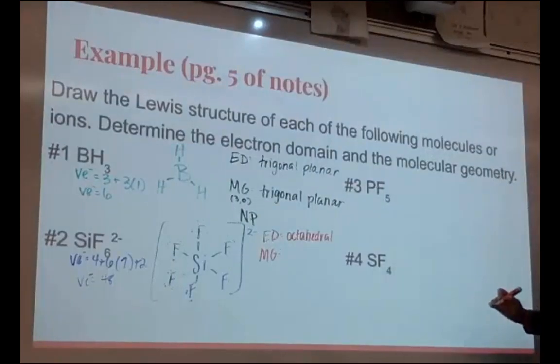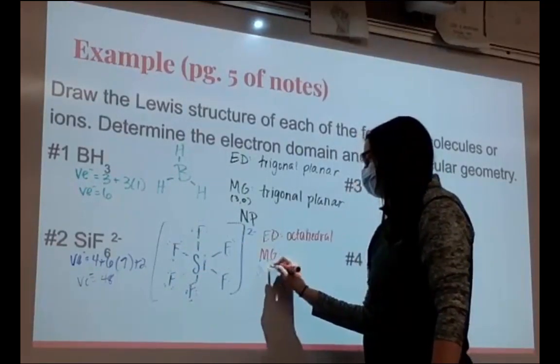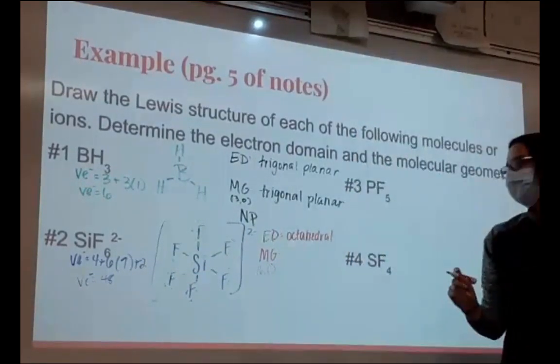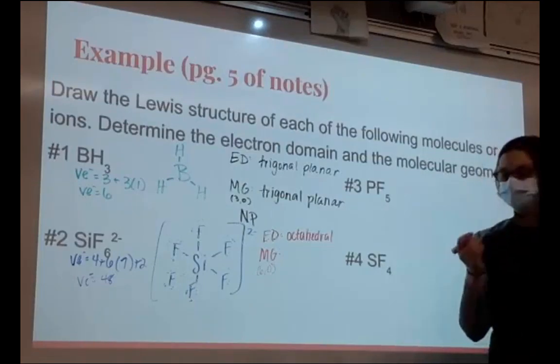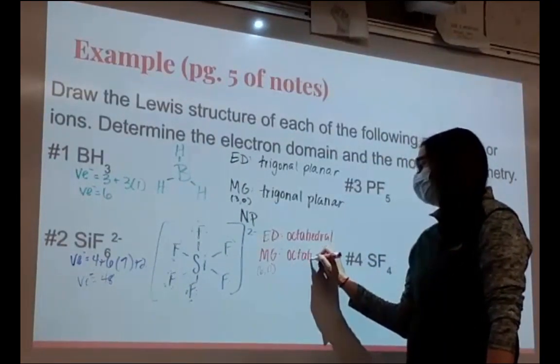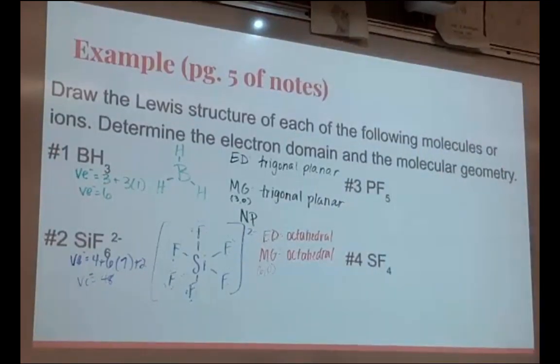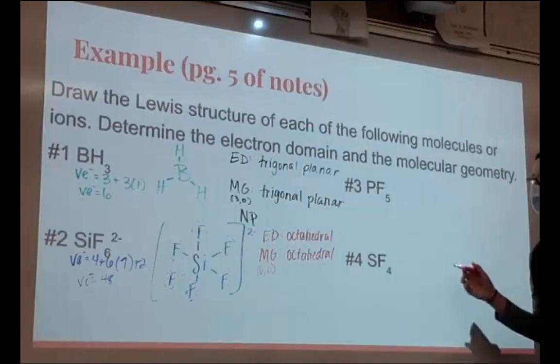For molecular geometry, we have 6 atoms bonded to the central atom, 0 lone pairs, which is also octahedral. Because there are no lone pairs, that's the same as the fundamental shape.